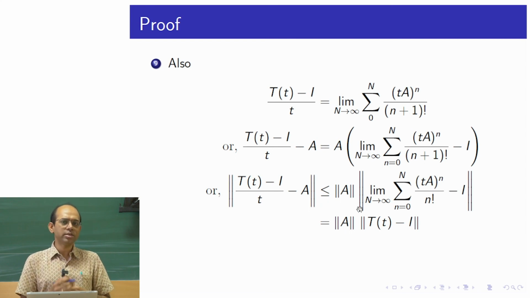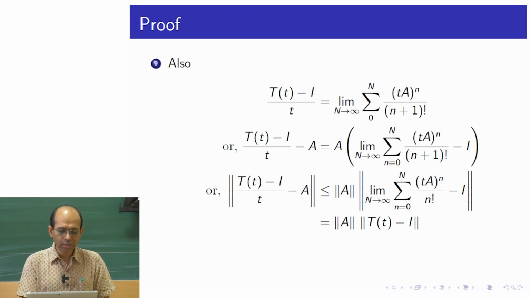However, we have already seen that Tt is uniformly continuous. So as small t tends to 0, this norm goes to 0. So this right hand side goes to 0, which means the left hand side also goes to 0 as t tends to 0. So what does it mean?